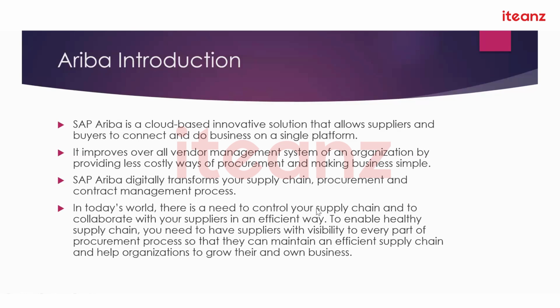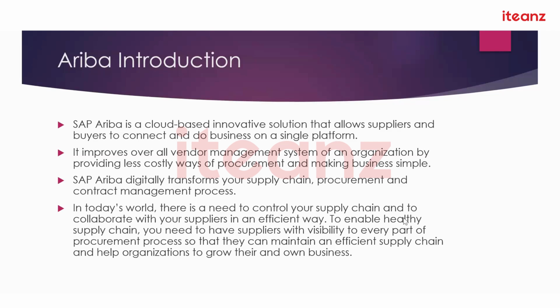It is also a digital platform which is used for contract management, supply chain, and procurement. Nowadays there is a need to control the supply chain and to collaborate with your suppliers in an efficient way. The buyer can directly contact the supplier in an efficient manner, and we can also maintain a healthy relationship with the suppliers, and there is visibility of the suppliers, where the buyer can select.